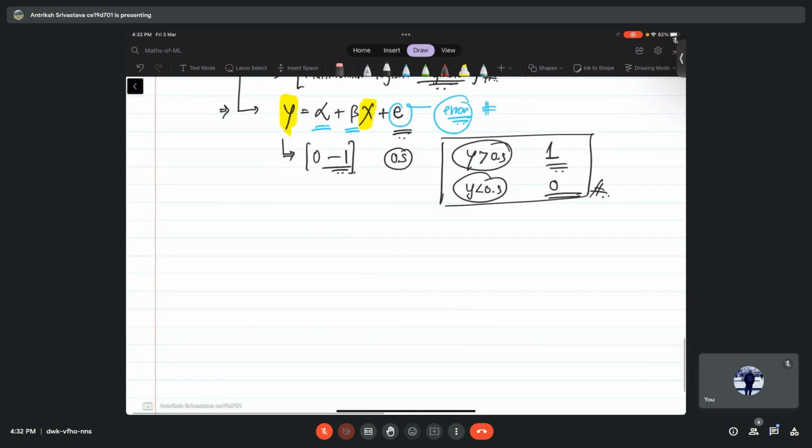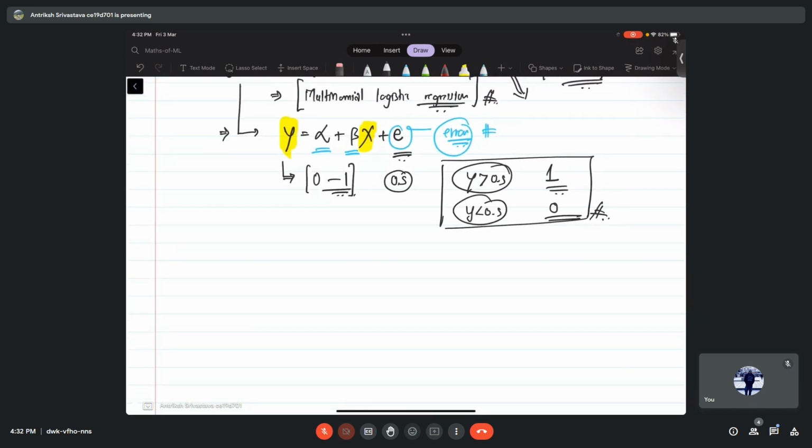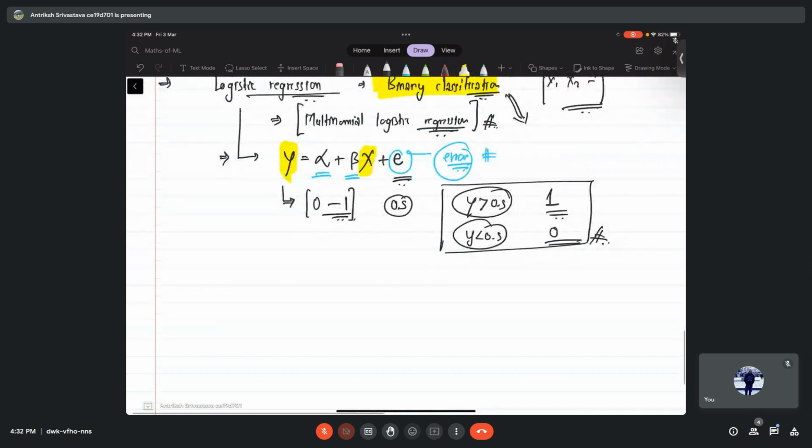Right. But in most cases, what you will observe is that y is not limited to 0 and 1, because this is a linear model, right? So if x increases, it can easily be seen that y is going to increase. So it is going to defy the limit that we have already set on it, that is, it has to be above 0 and below 1.